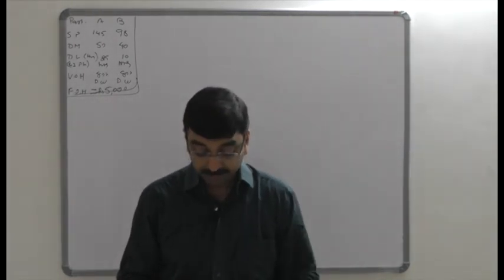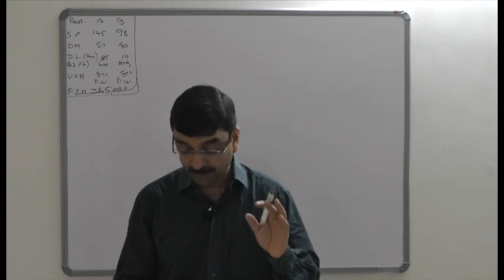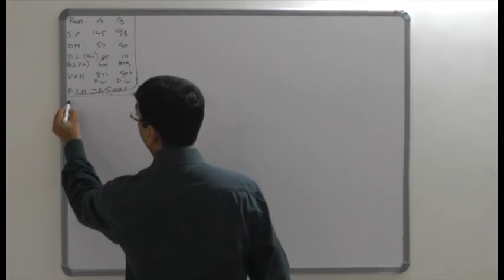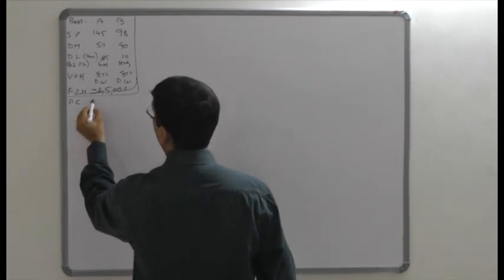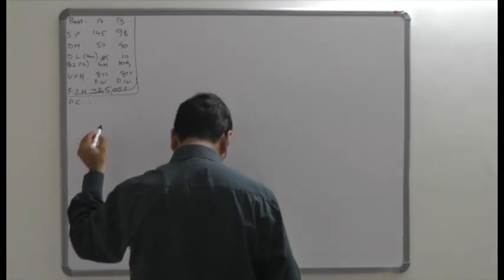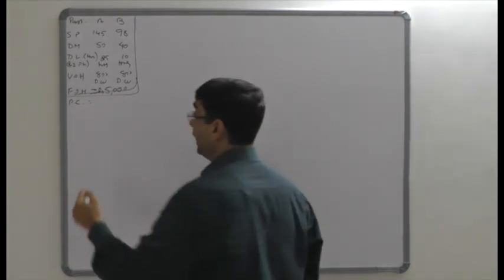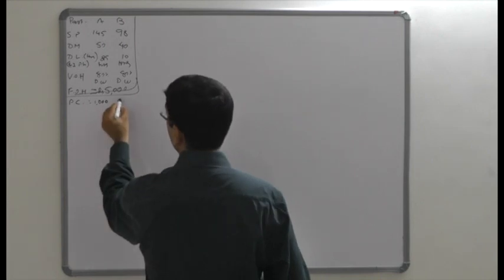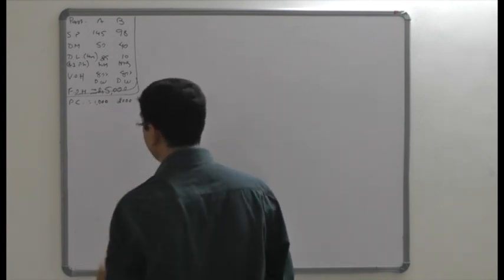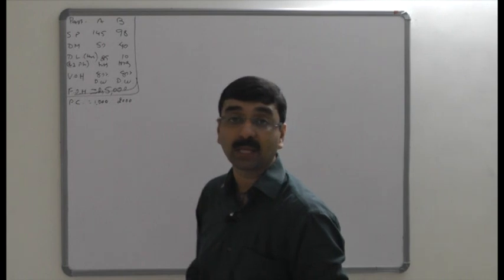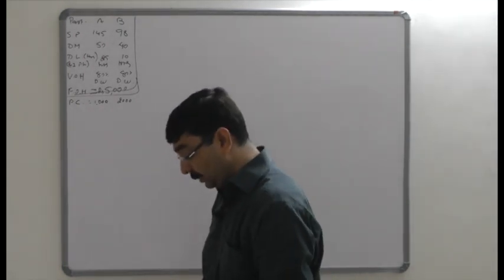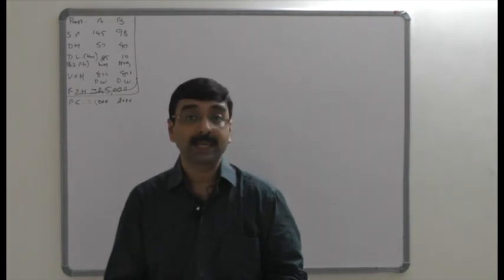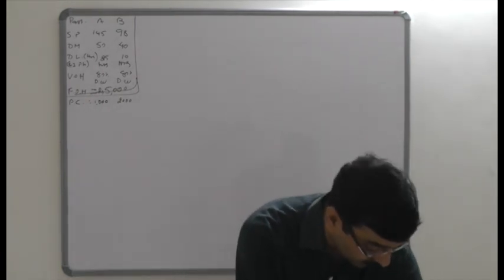Then the company earns more profit. So the production capacity of A is 1000 units and the production capacity of B is 2000 units, and 40,000 direct labor hours are given.